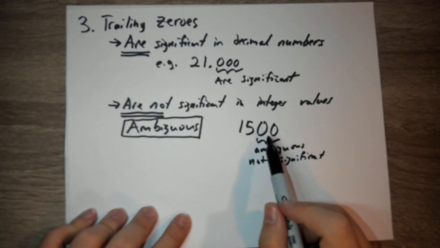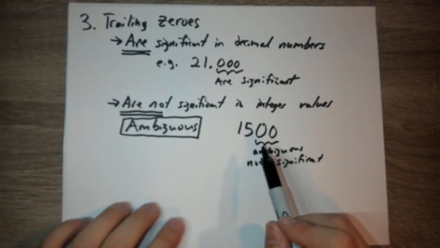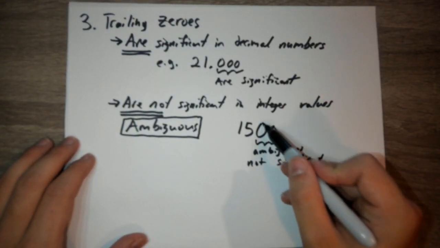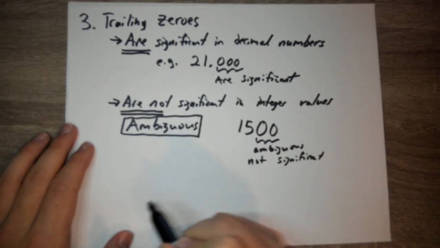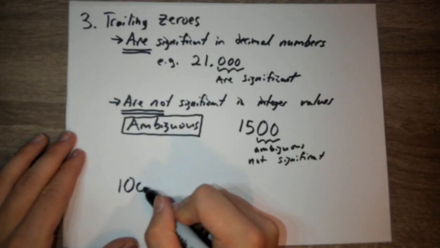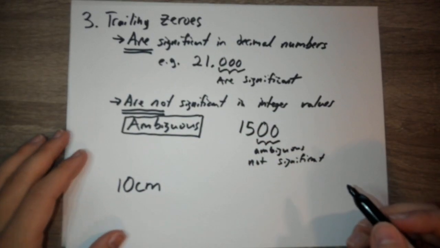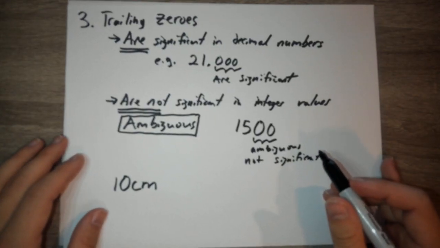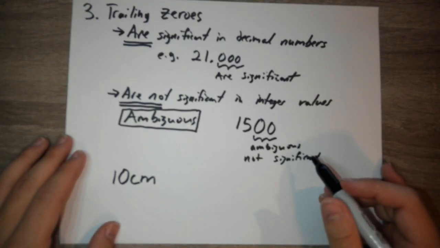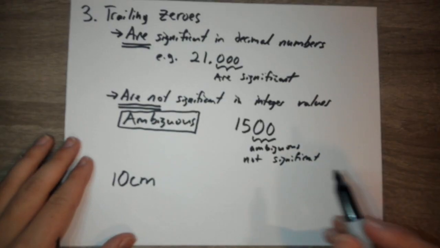Now this is maybe difficult to wrap your head around. And I know it was for me when I first learned it. And I'll do an example right now to show you why this is the case. So say you're doing a measurement and you measure something to be 10 centimeters. Now, in order to understand this, remember that what significant figures is doing is telling you about the precision of the measurement, not about the measurement itself.